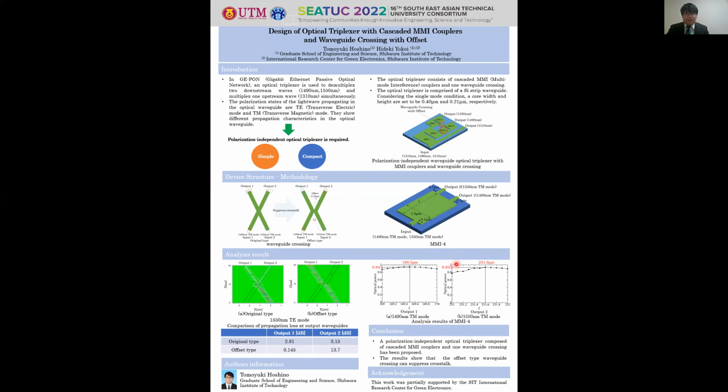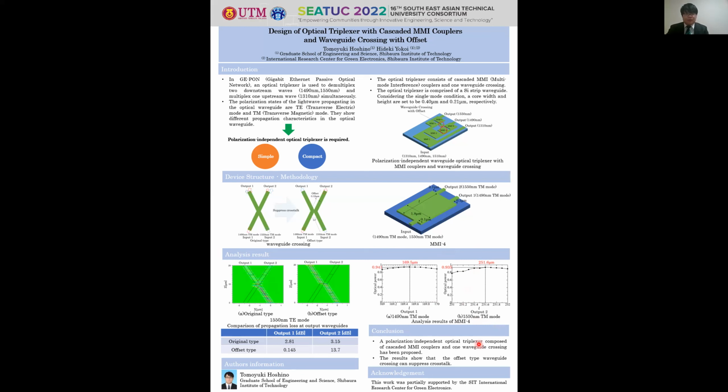When I launched 1550 nanometers TE mode, and the length of MMI coupler is 251.6 micrometers, the optical power is 0.935 at output 2. The results show that these lengths can obtain the largest optical power at the desired output waveguide.